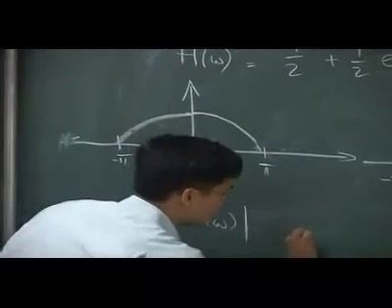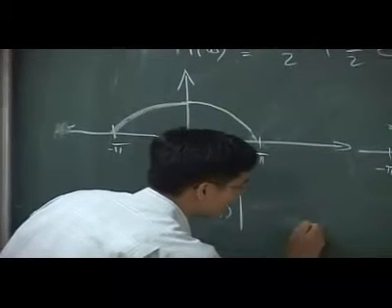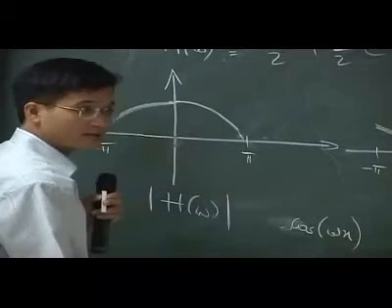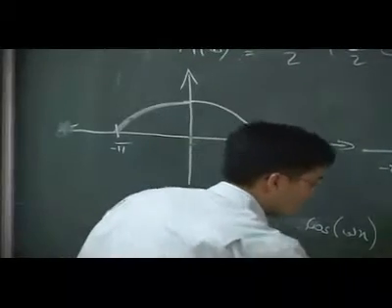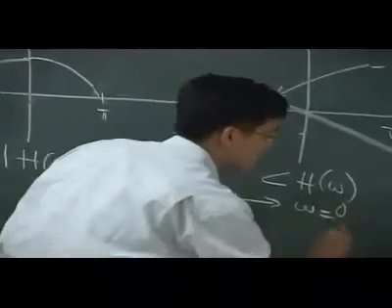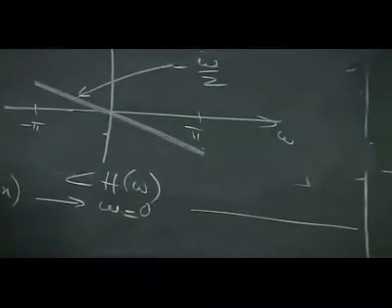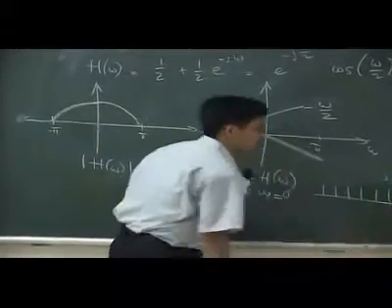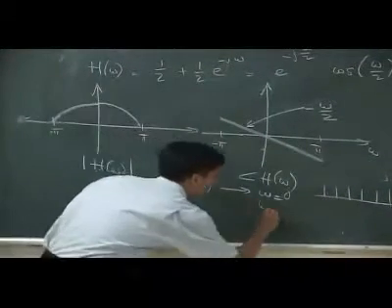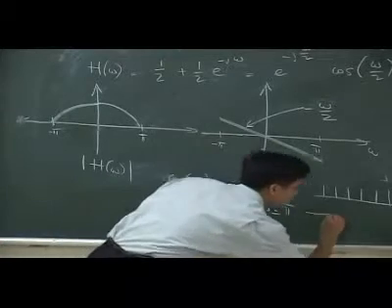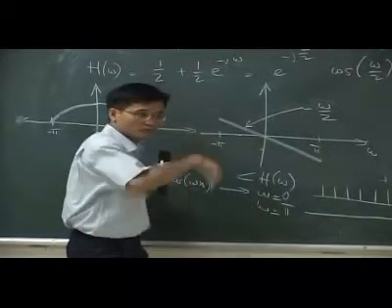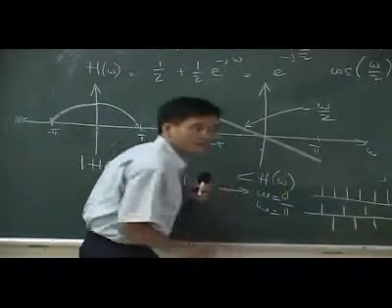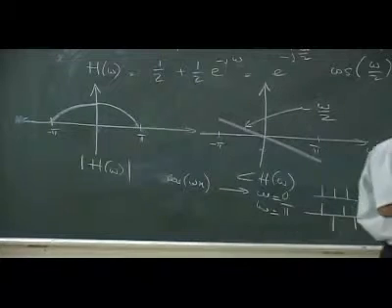So let's see what the signal is between these two. Look at this basic signal, cos of omega n. When omega equal to 0, what I have is just cos of 0, which is 1, 1, 1, 1, so it's just a constant signal. When omega equal to pi, what would that signal be? It would be 1, minus 1, 1, minus 1, 1, minus 1, so something that oscillates extremely fast.